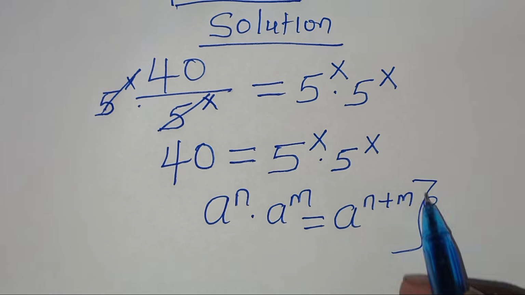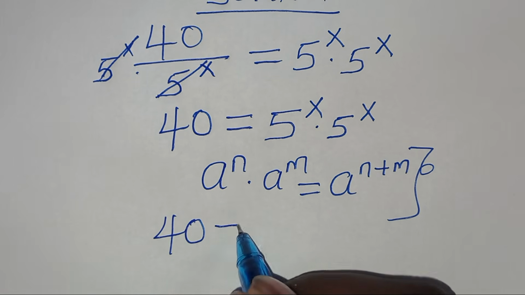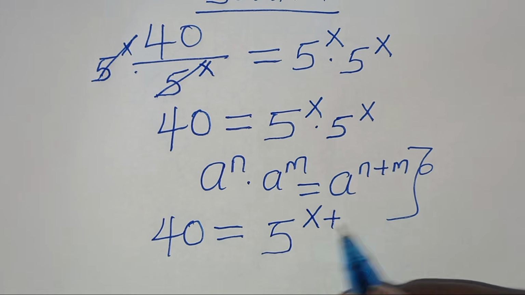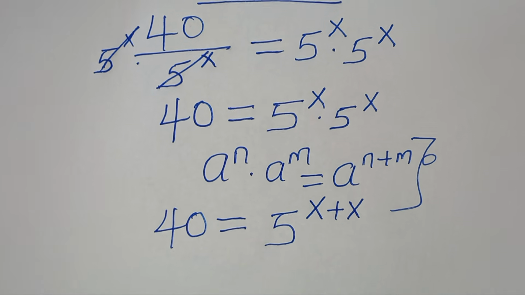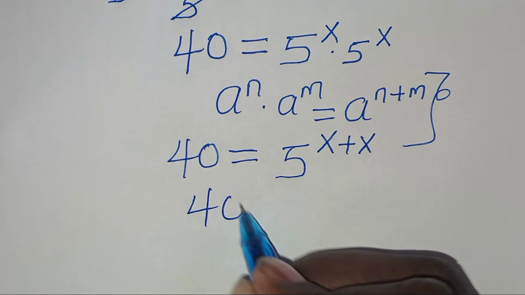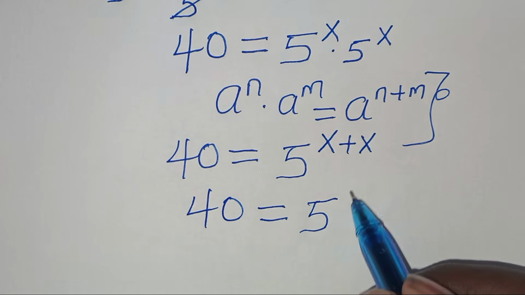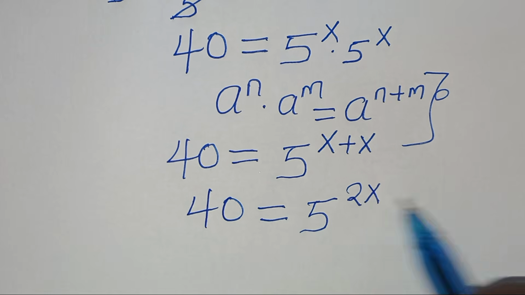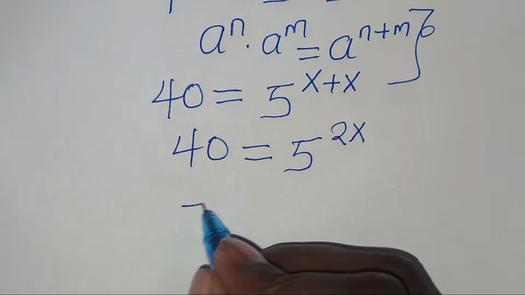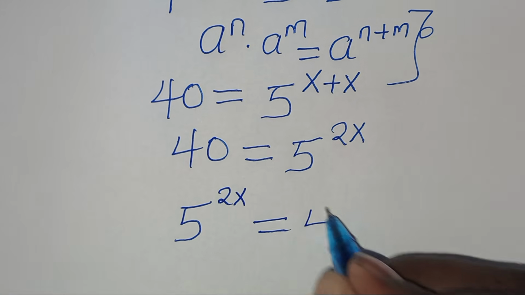Applying this exponent property, it follows that we have 40 equal to 5 to the power of x plus x, and x plus x is 2x. So we have 5 to the power of 2x equal to 40.